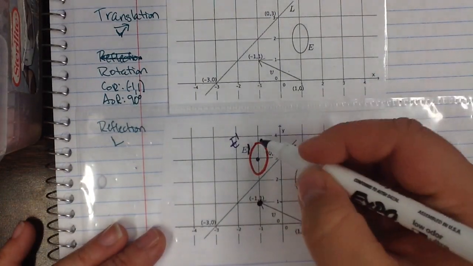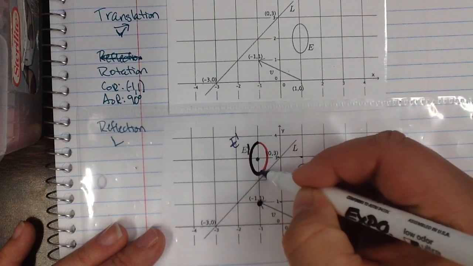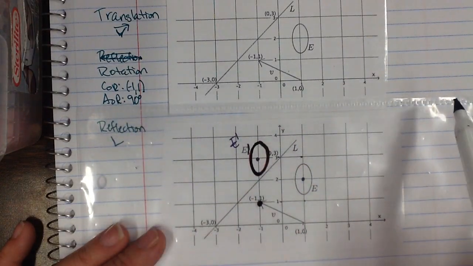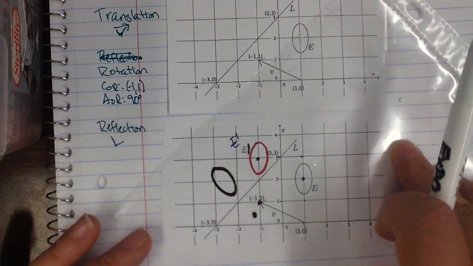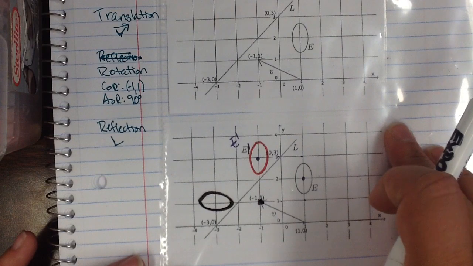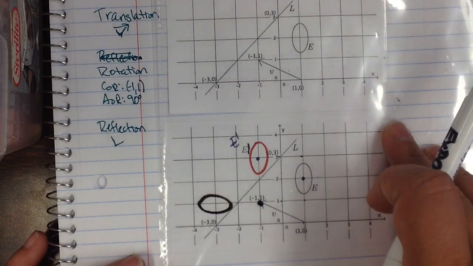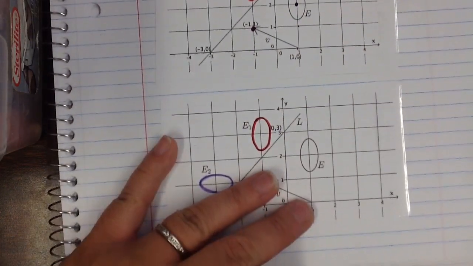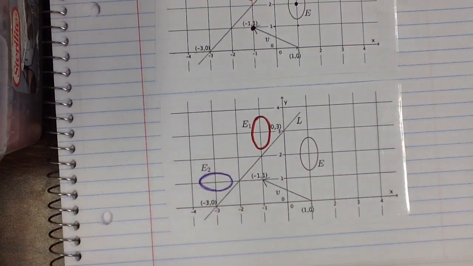So I have my point. Okay, so again, we're using the top of the paper to do our 90 degrees. So when we rotate it, it's going to be like this. So when we rotate it, it'll end up looking like this right here in this location.